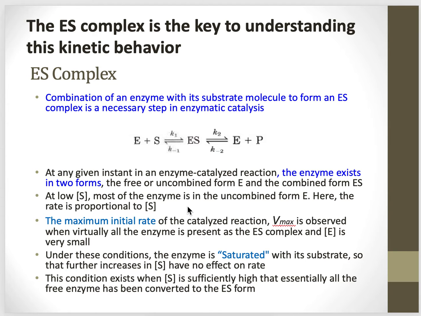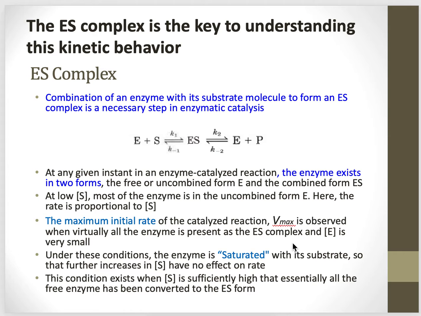The maximum initial rate of the catalyzed reaction, which we denote by Vmax, is observed when virtually all the enzyme is present as the ES complex, and the concentration of free enzyme is very small. It's easy to understand, right? We know enzymes catalyze the reaction.